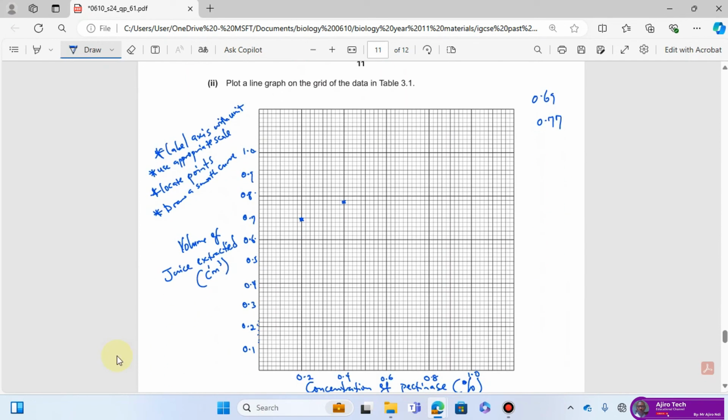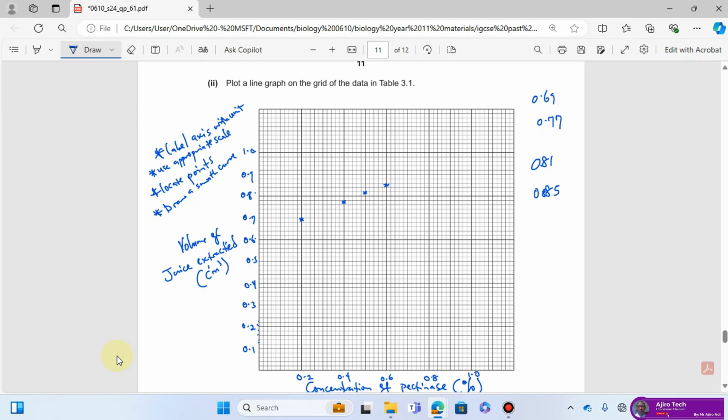So let's do 0.5. 0.5 is in between 0.4 and 0.6. We have 0.81. 0.81 is just somewhere here in between, because it's not up to 0.82. And the other one is at 0.6. You have 0.85. So 82, 84, 85 is also in between here.